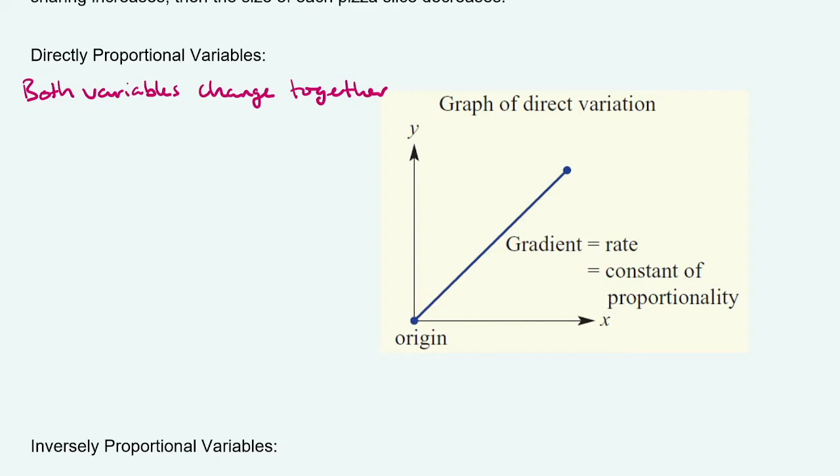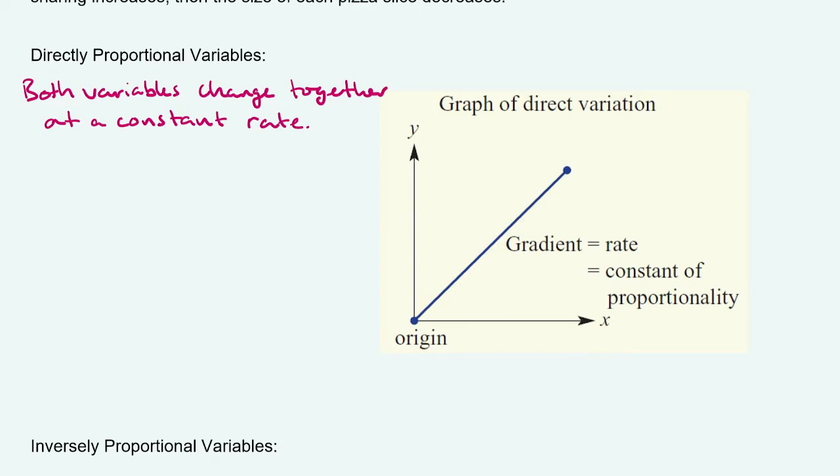One goes up, the other goes up. So essentially it's how this is going to change at a constant rate. Okay, so we're looking at things going up at the same distance, so each step is the same.